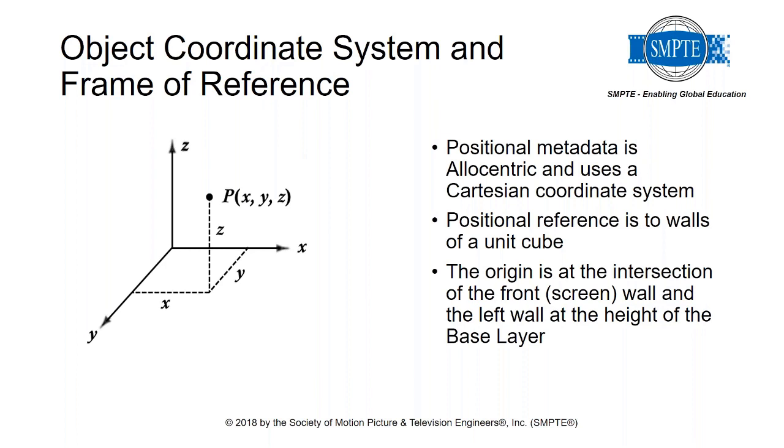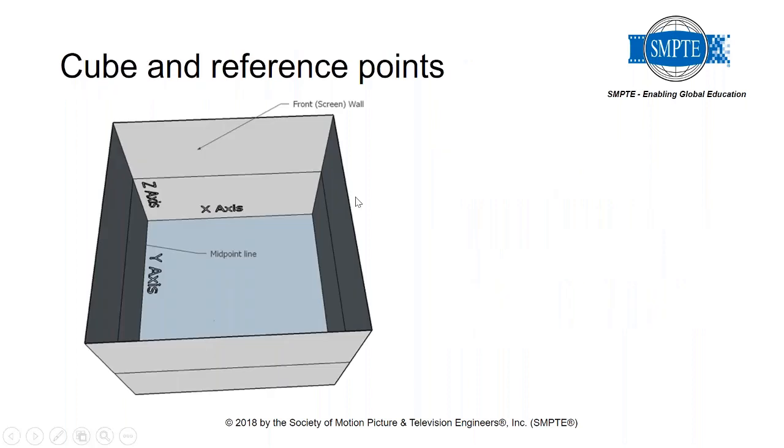The origin is defined to be at the intersection of the front wall, which is the screen wall, with the left wall and the height of the base layer. And that's a little hard to see abstractly, so let's take a look at what a reference cube looks like. This shows the front screen wall.